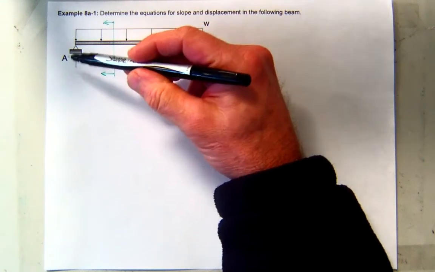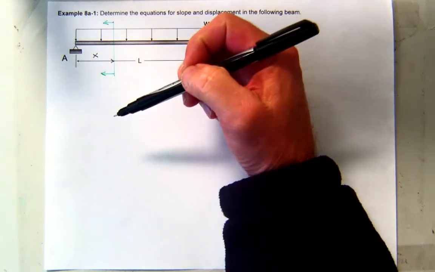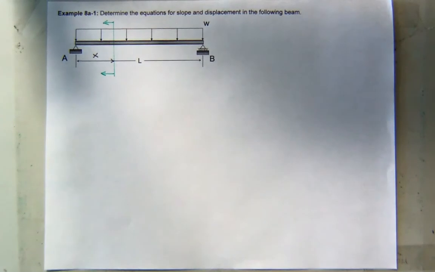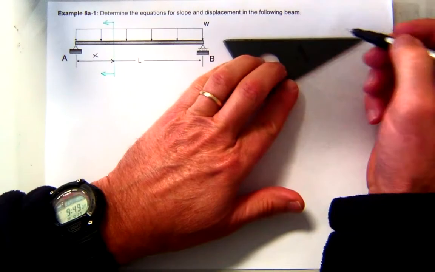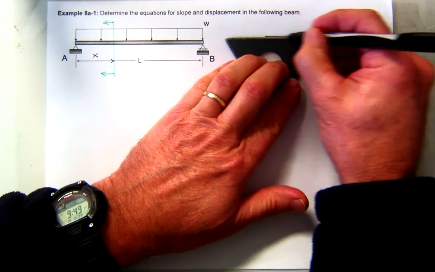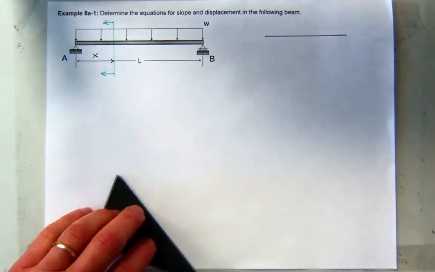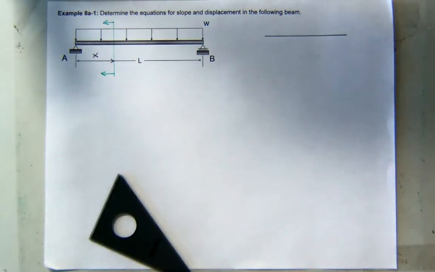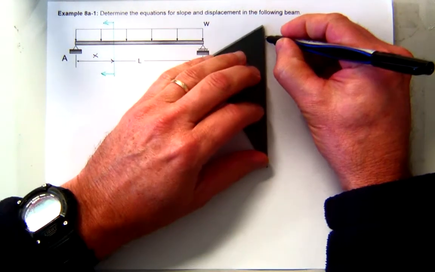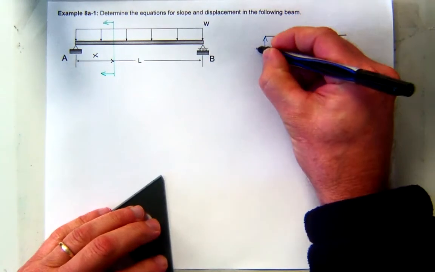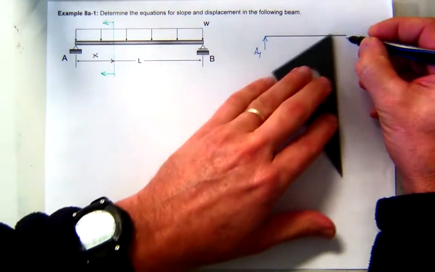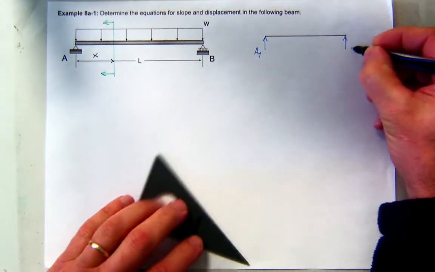So if I do that, I need to find the reactions at A. So I'll quickly come over here and draw a little free body diagram of the structure. Assume a reaction at A acting up and one at B also acting up.